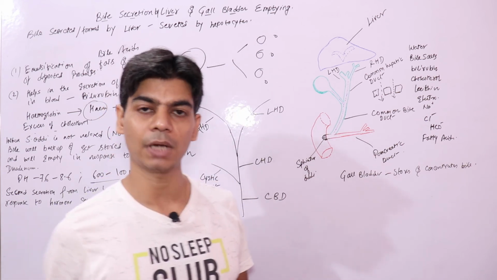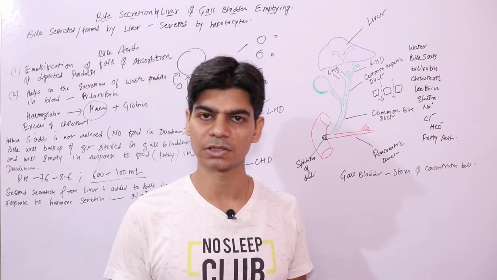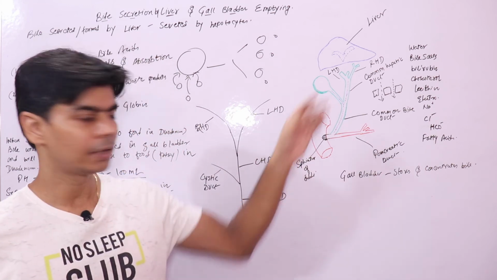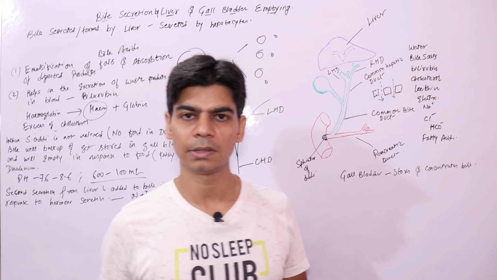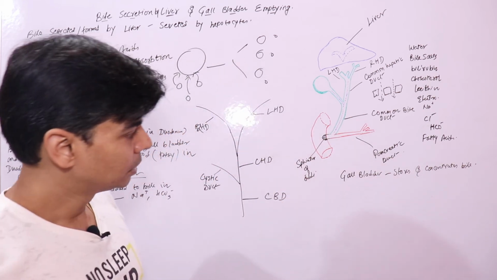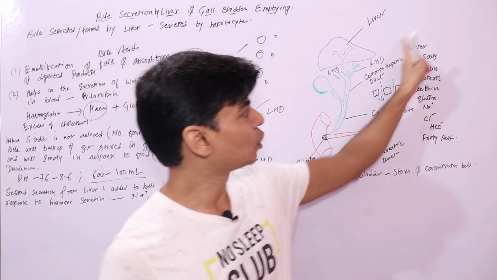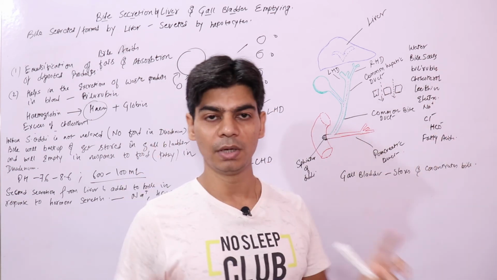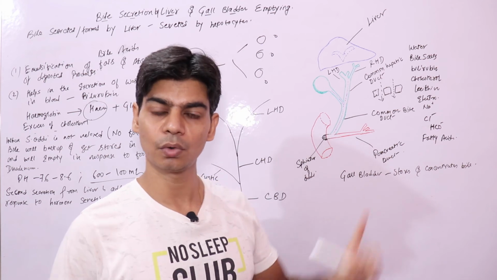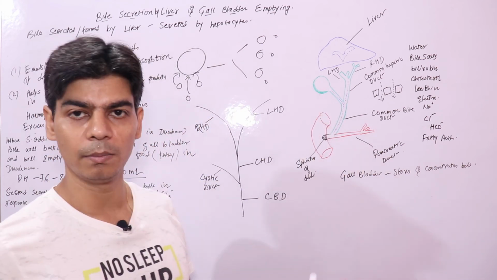Ions move via active transport in the gallbladder wall. By active transport we mean that ATP energy is required. When it absorbs water and electrolytes, the remaining part becomes concentrated. So this is the concentration of bile in the gallbladder.